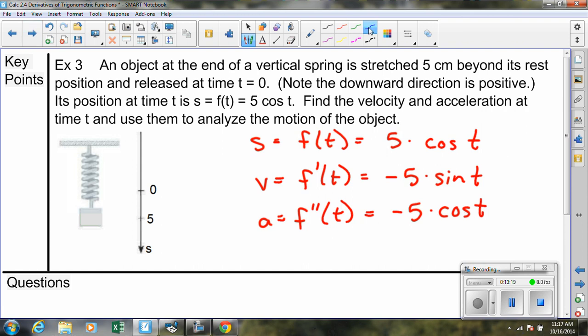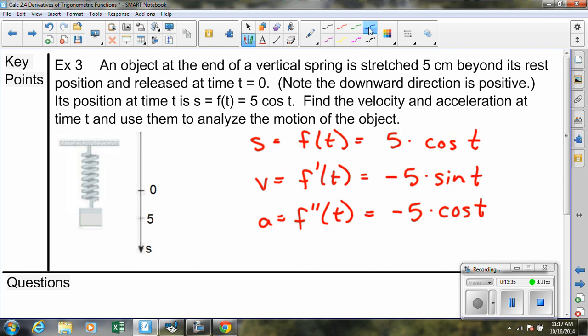So just some quick analysis. I'm not going to go too in-depth with it. What does the velocity mean? Well, remember that sine is bounded between positive and negative 1.